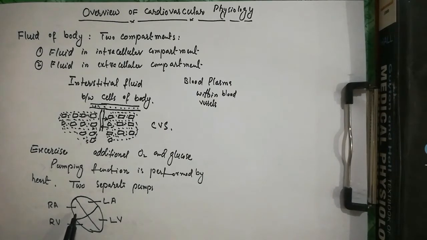The right heart consists of right atrium and right ventricle, and the left heart consists of left atrium and left ventricle.